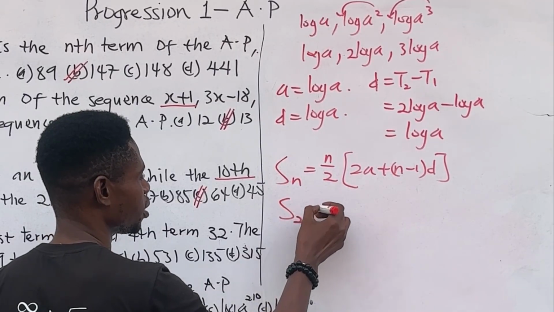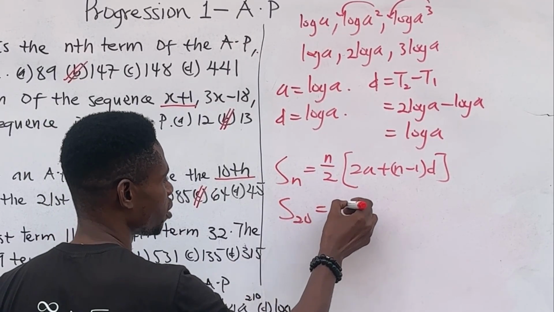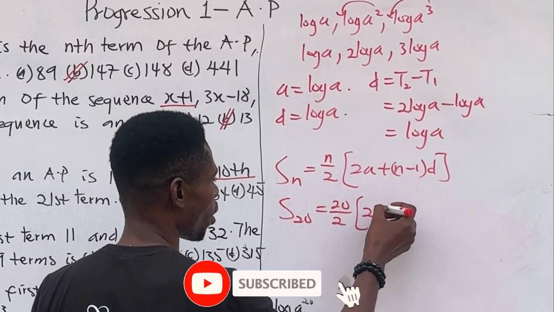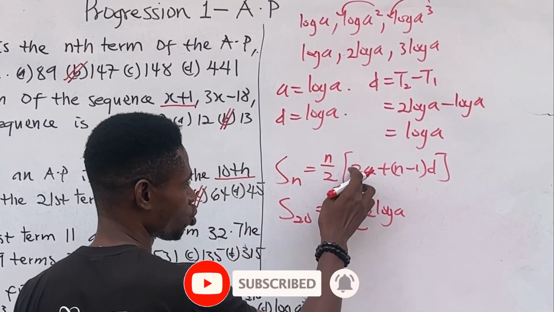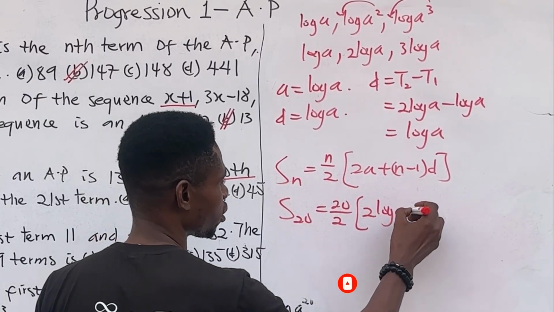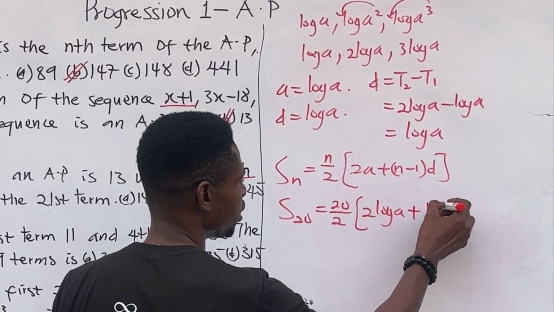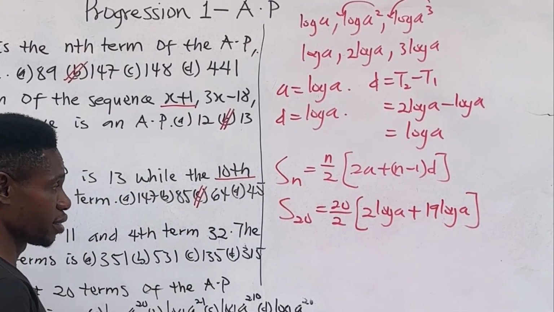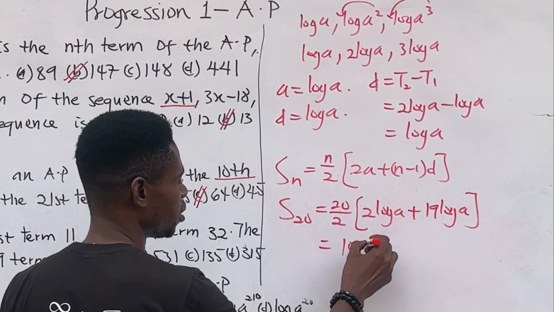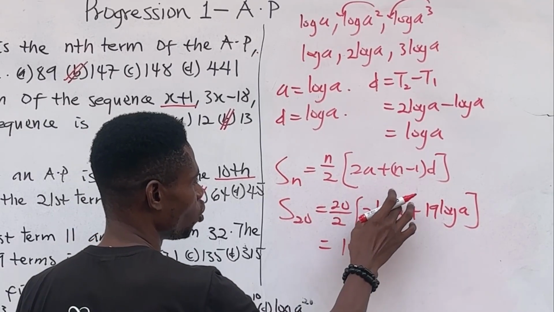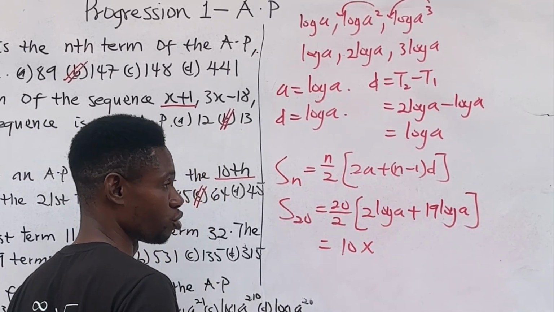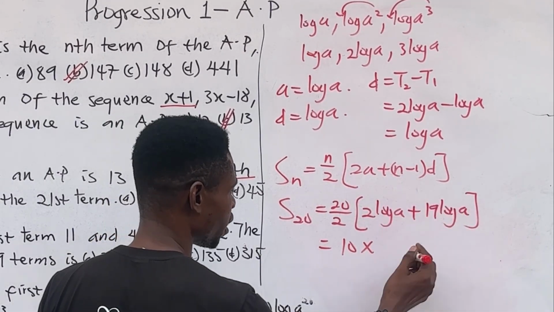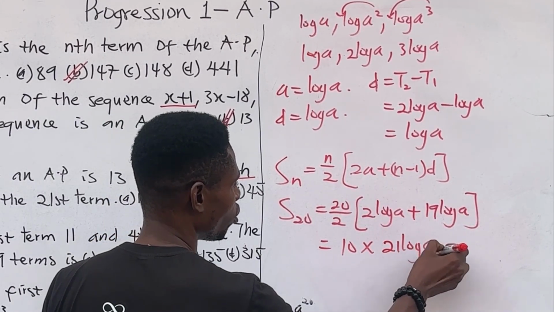So S20 will be 20 over 2 into 2 times A. Our A is log A. That's 2 times log A. Plus 20 minus 1, that's 19 times our D, which is also log A. Right? So what we'll have is 10 multiplied by 2 log A plus 19 log A, just like 2 pencils plus 19 pencils, that would be 21 pencils, right? So 2 log A plus 19 log A, that would be 21 log A.